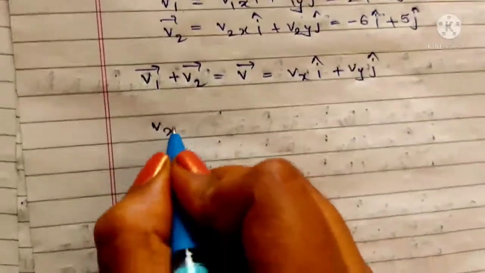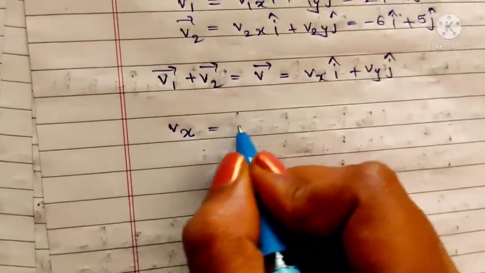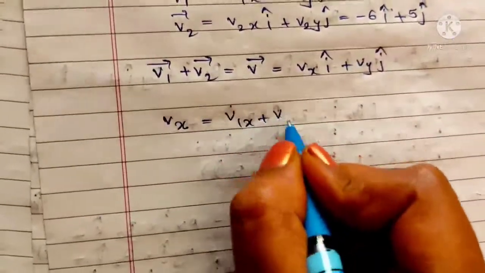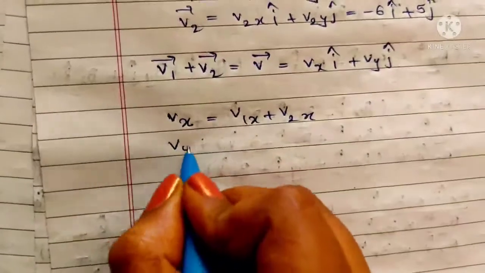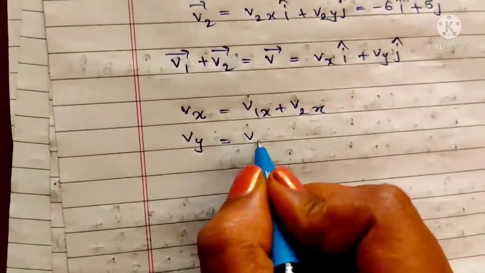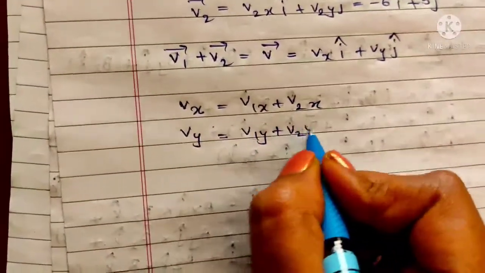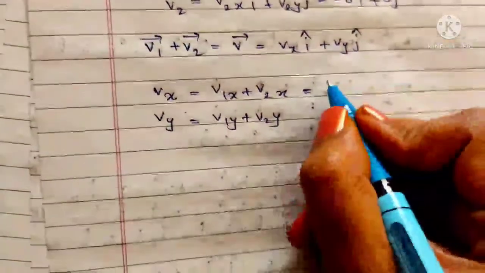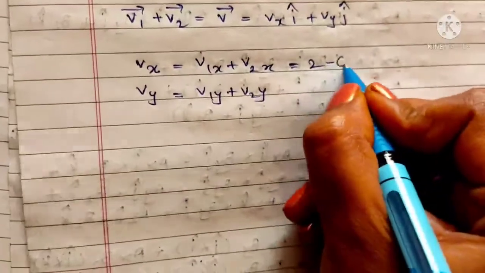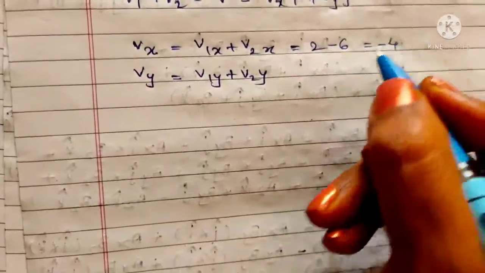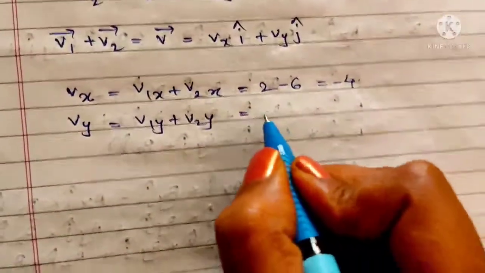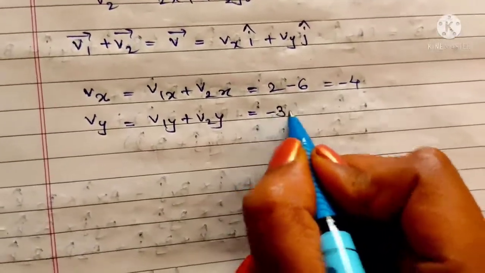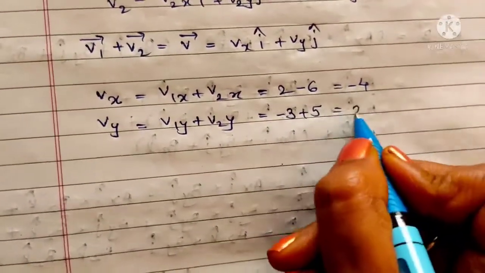It can be seen that vx is equal to v1x plus v2x and vy is equal to v1y plus v2y. So this becomes 2 minus 6, that is nothing but minus 4, and vy becomes minus 3 plus 5, that is equal to 2.